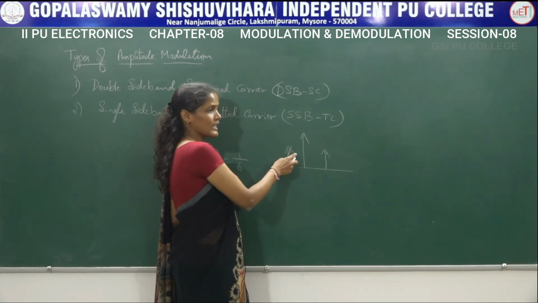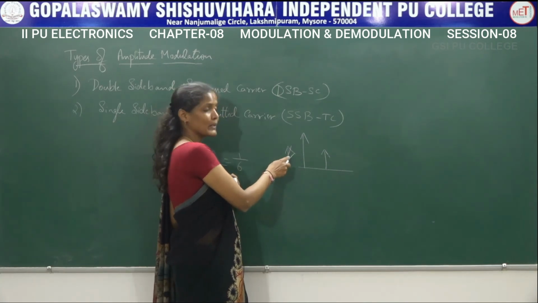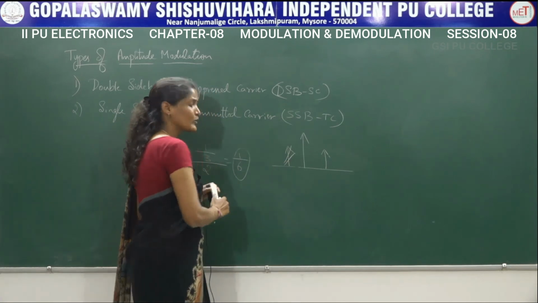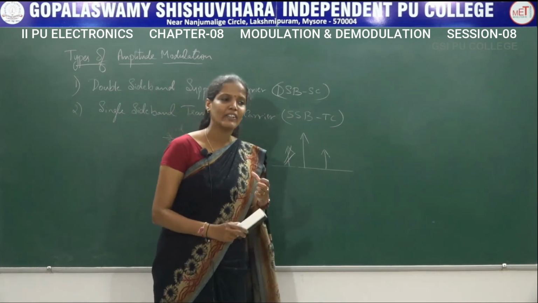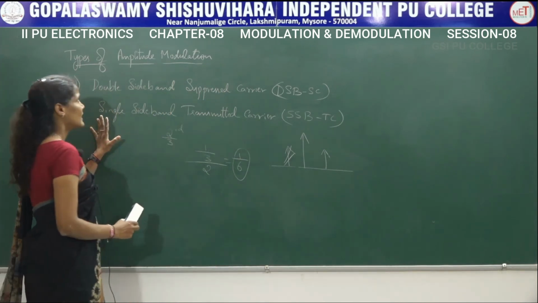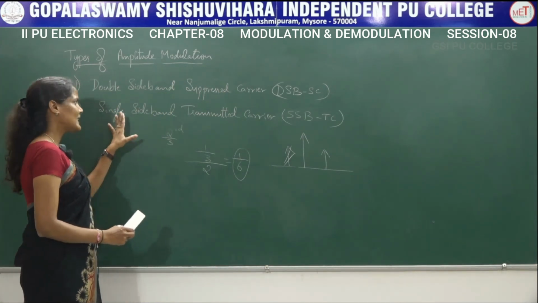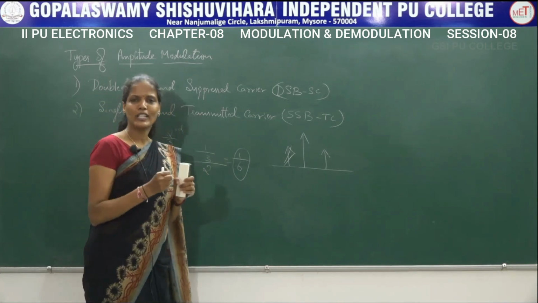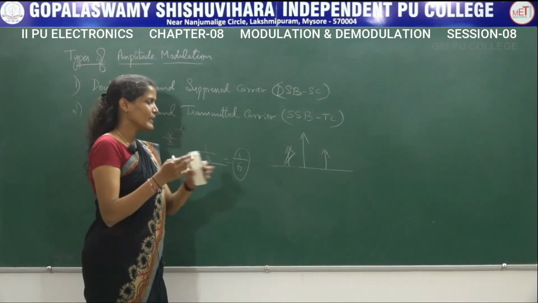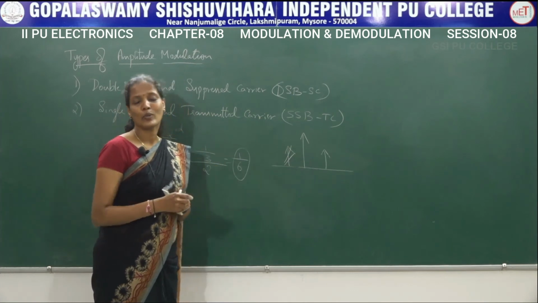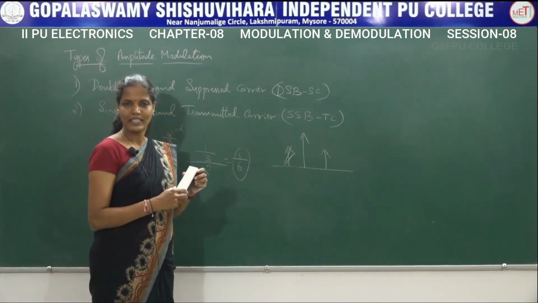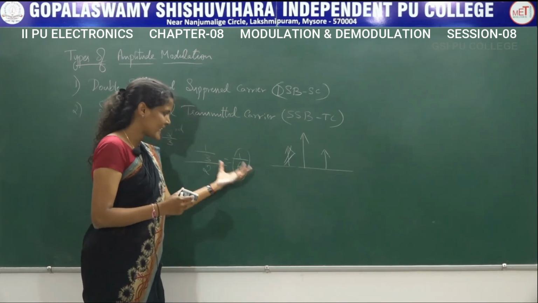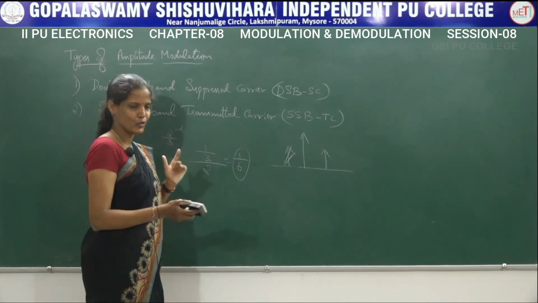But here we are suppressing this single sideband, so 1/6 of the total power will be saved in this particular modulation process, that is single sideband transmitted carrier. We are going to suppress only one sideband and transmit one sideband along with one carrier component. Clear? By doing this, we will be saving 1/6 of the total power.